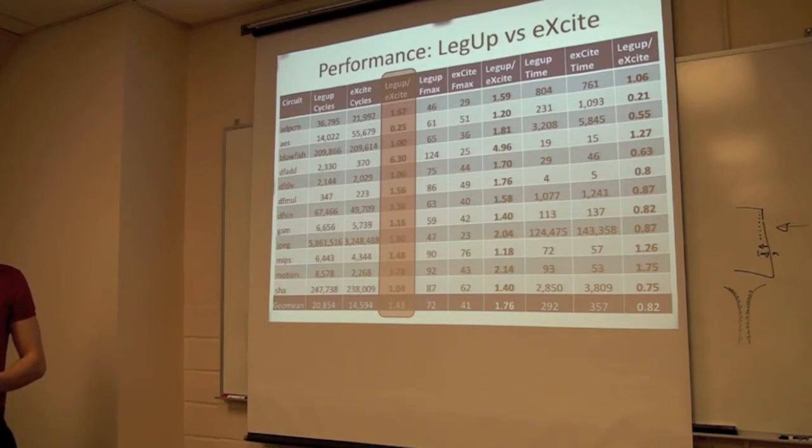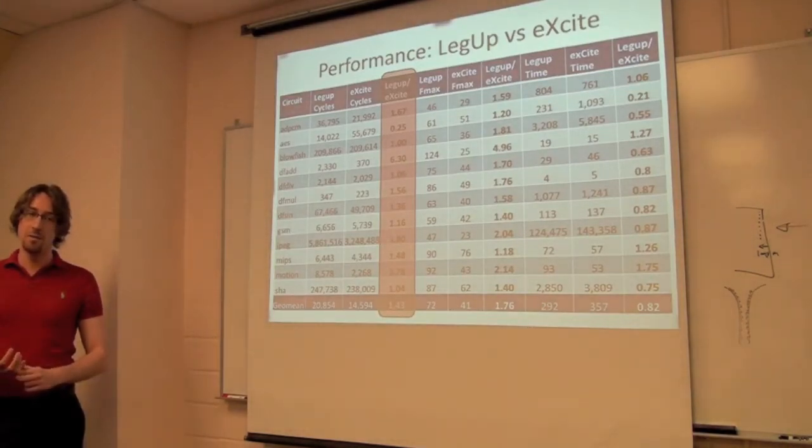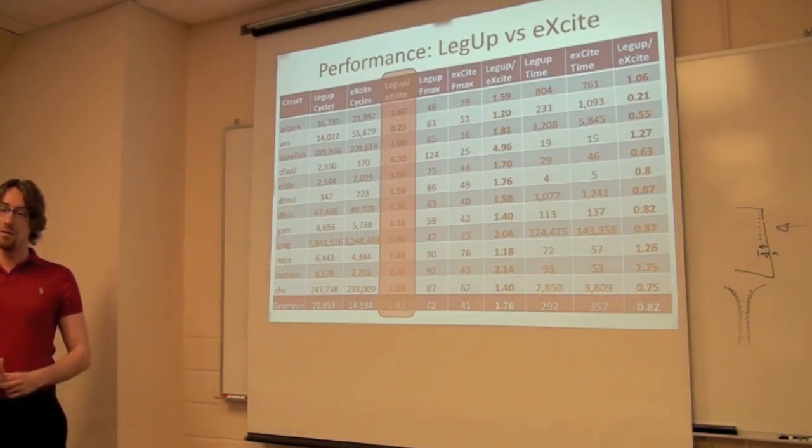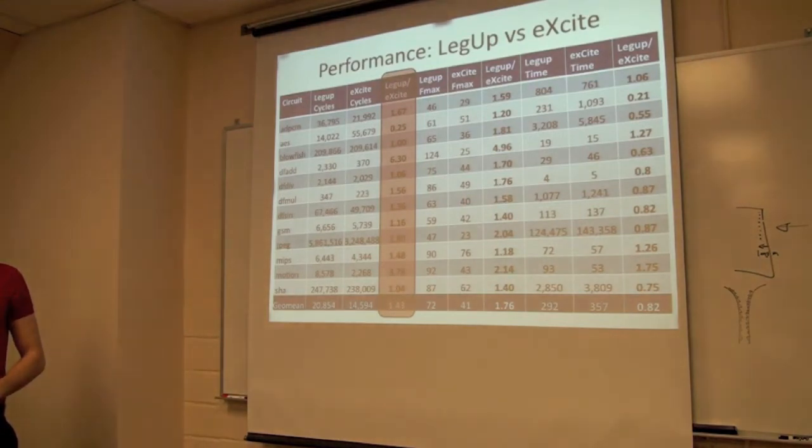There are also the energy arguments versus a processor. That's going to be one of the motivations for pushing computation into hardware, not just runtime. But you also don't have to compare yourself to an x86. You can compare yourself to a low-power ARM processor as well. That's the real question. Let's say I have a system spec that I need to meet. Can I get hardware that's good enough to meet that spec?